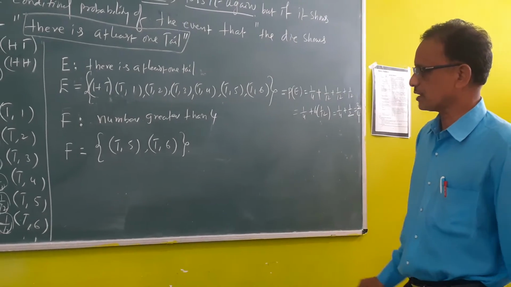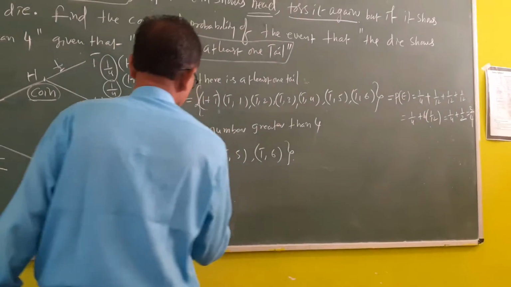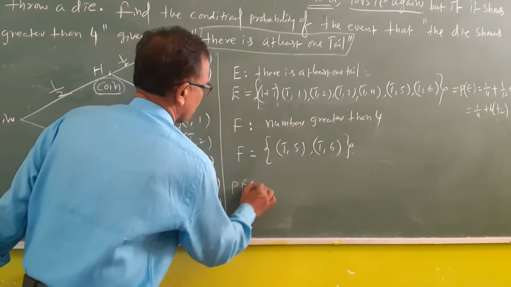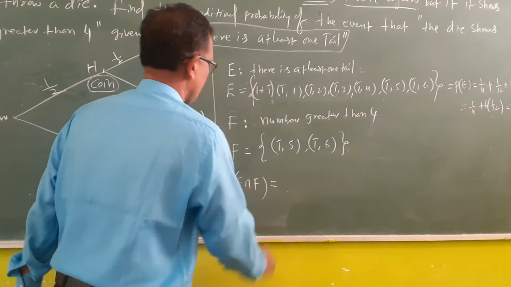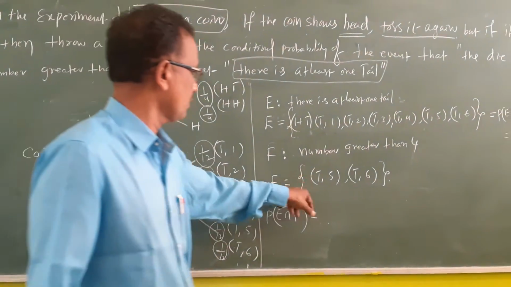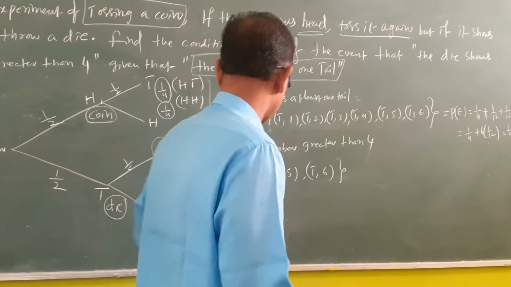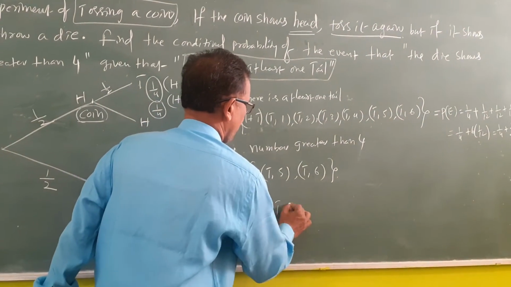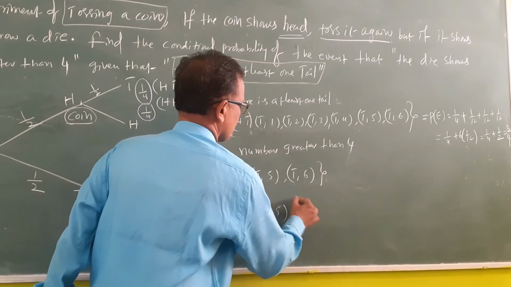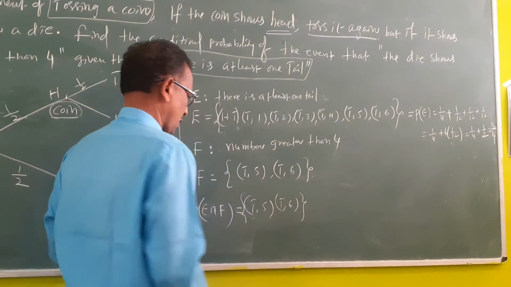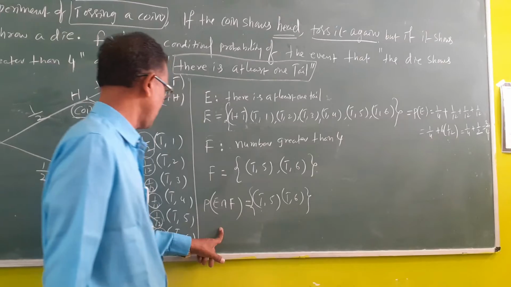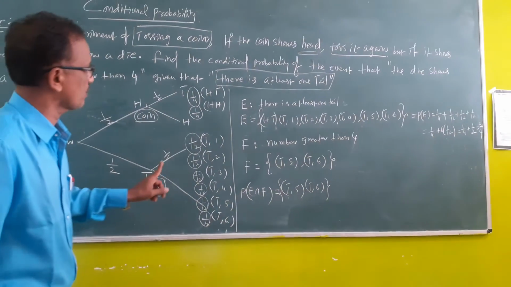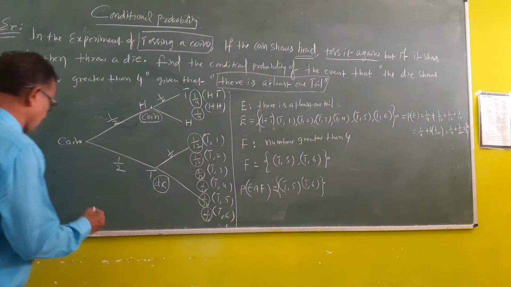Okay, so what is the intersection? E intersection F is also required. The intersection is T5, T6 only. The formula is not written, so we'll write it.